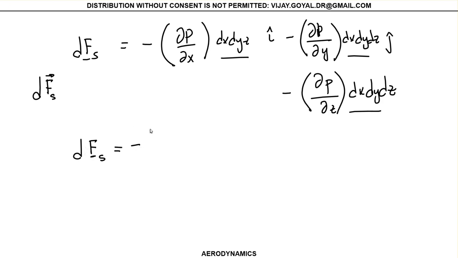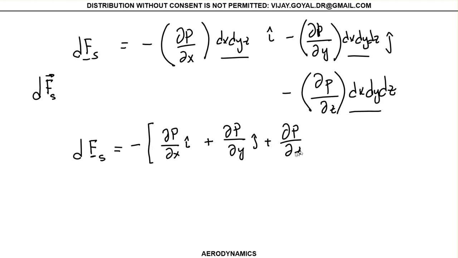So it's minus partial of p with respect to x, I, minus partial of p with respect to y, j, sorry, the minus sign is already there, minus partial of p with respect to z, k, dx, dy, dz.